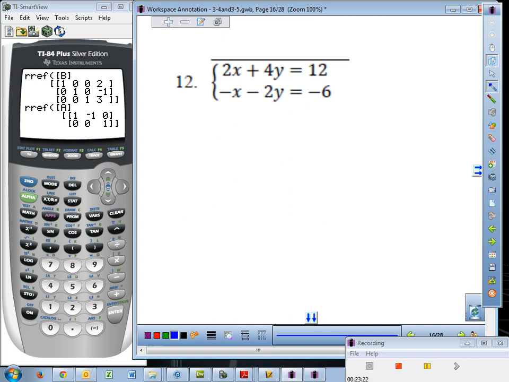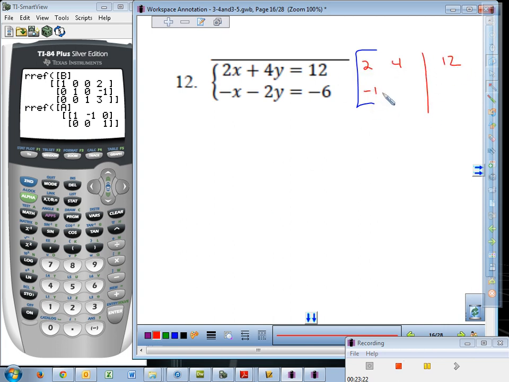It is also a 2 by 3. Let's punch that puppy in. Write ourselves a matrix here, augmented, then edit it up.